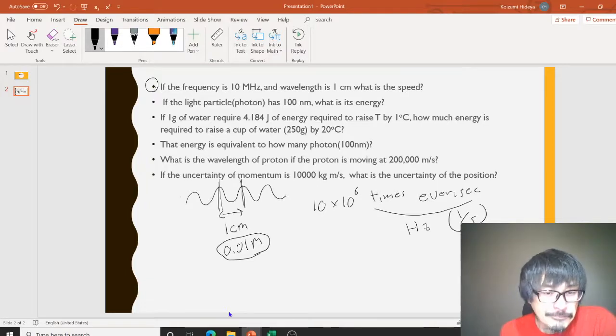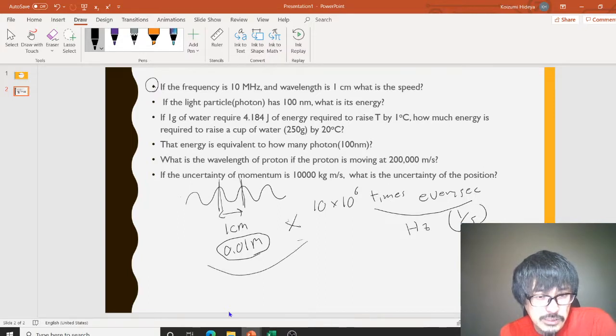In the unit it looks like this. So if the peak to peak is 0.01, the wavelength is 0.01 meters, and it's going to repeat that many times, then the distance covered by this wave every second is simply the multiplication of these two numbers, right?